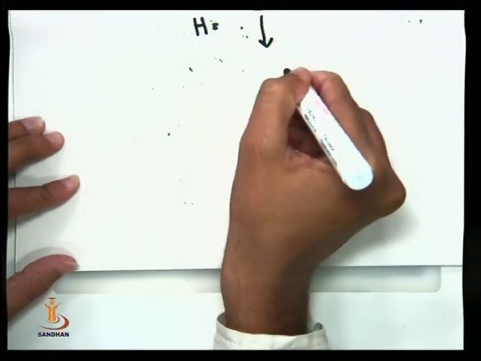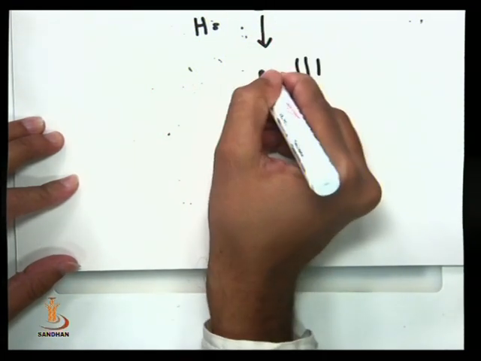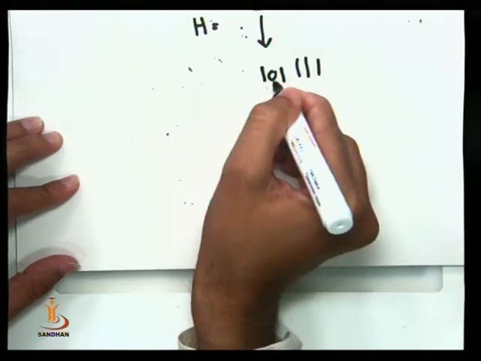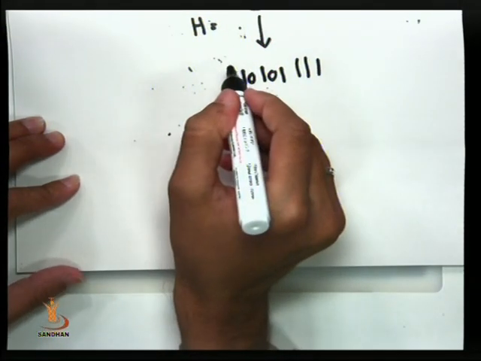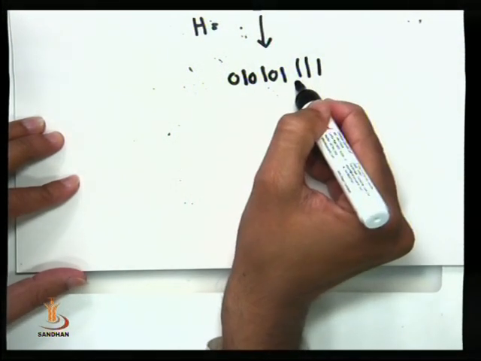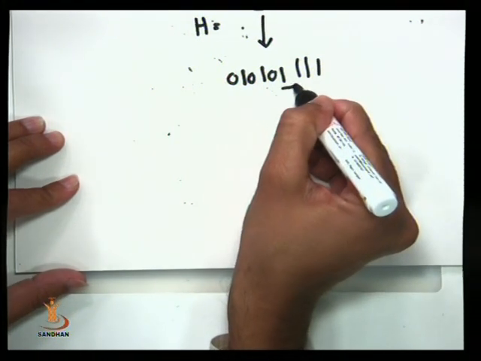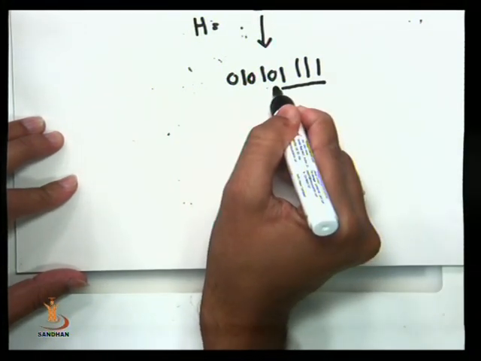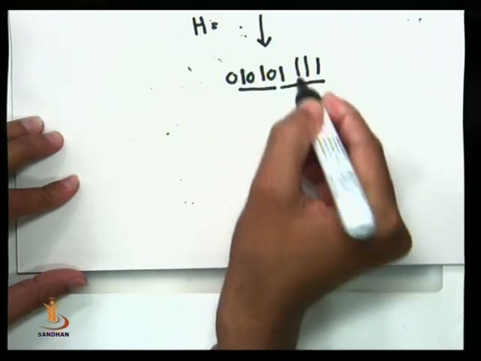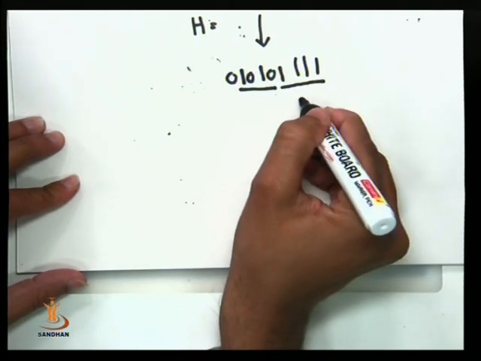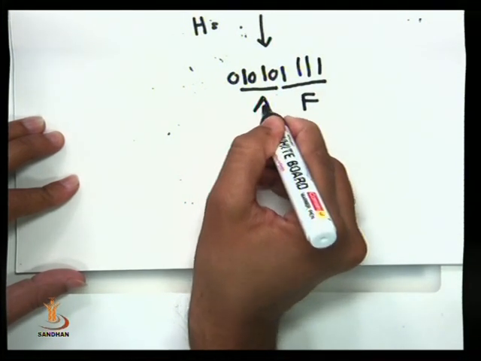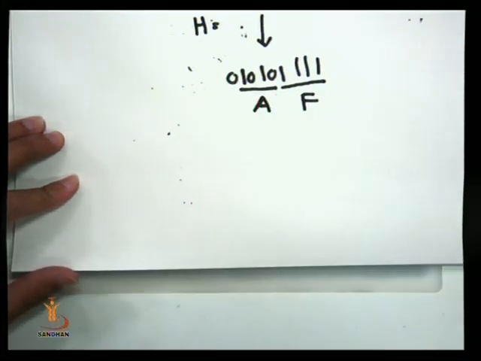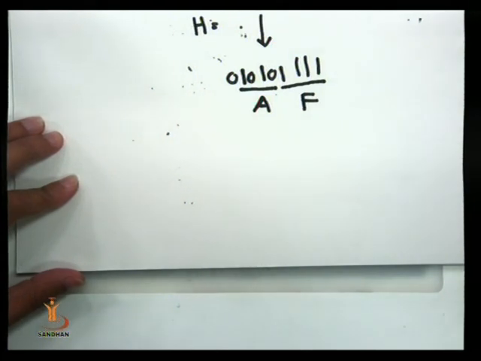The binary of 7 is 111, binary of 5 is 101, binary of 2 is 010. Now if anyone wants to convert into hexadecimal, then make pairs of 4 digits. Here I am making pairs of 4 digits. So I am getting 1111, which gives F, and 1010, which gives A. So AF is the hexadecimal of octal 257.